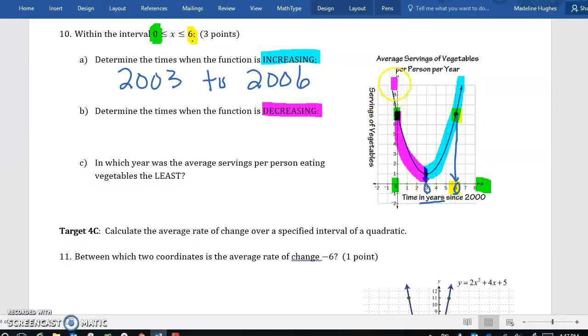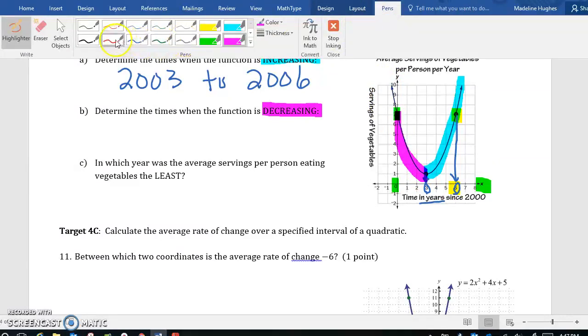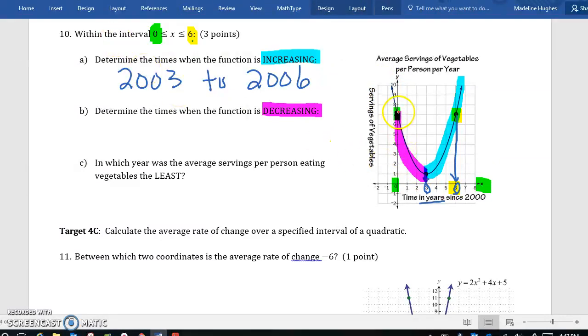We don't care about this stuff up here, so I don't need to highlight it. And so those x values, I will use right here. From here, I look down at my x values, that's 0, all the way to this point here, which is 3. So from 0 to 3. But again, we're in years, so we're going to write that as that 0 is 2000 to 3, which is 2003.